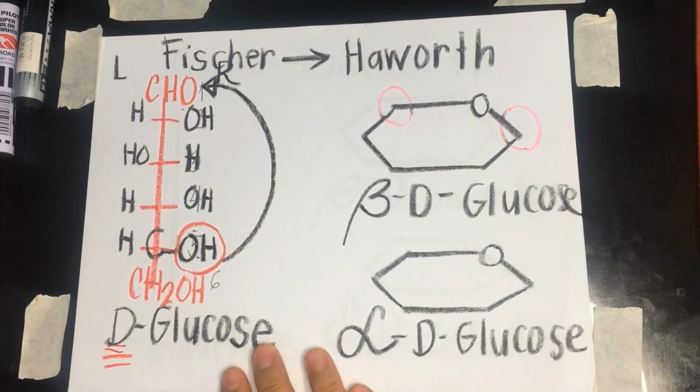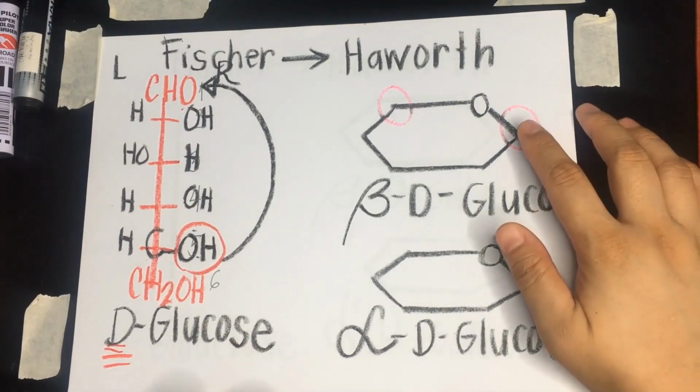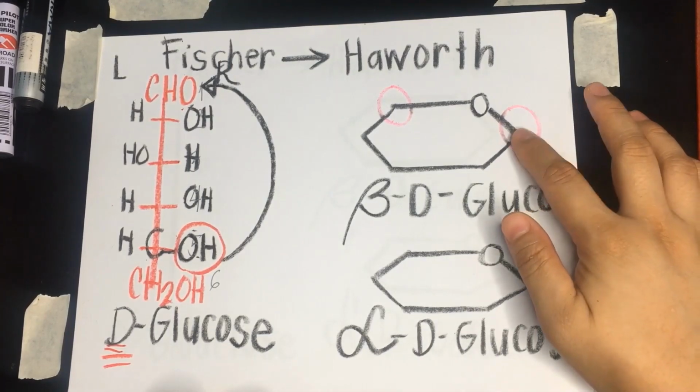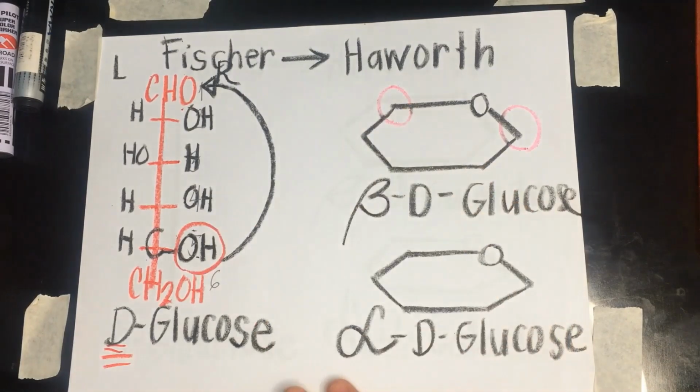So, it means to say, I'm going to start with the chiral centers that are not included in the ring formation. Okay? So, again, in making the Haworth projection, I am not going to start with carbon number 1. I'm not also going to start with carbon number 6.